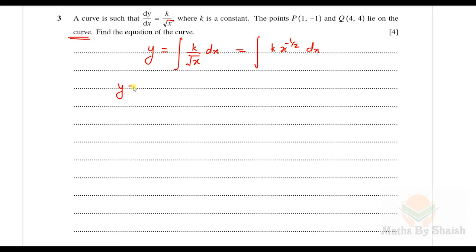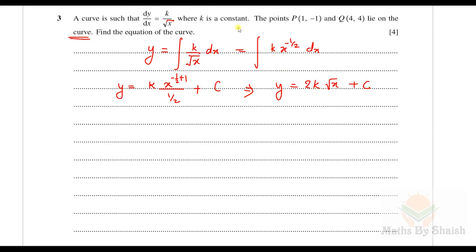So it becomes y is equal to k times x to the power minus 1 by 2 plus 1, that is 1 by 2, divided by 1 by 2, plus a constant of integration, c, or we can rewrite it as y is equal to 2k root x plus c. This is the equation of curve.